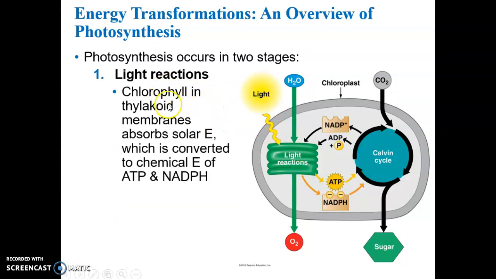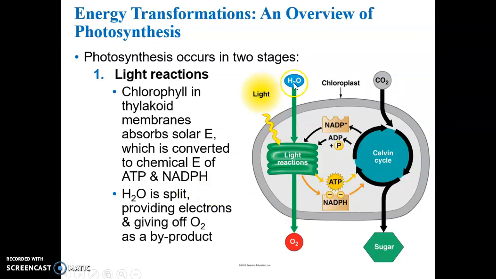So the chlorophylls, the light harnessing pigments, molecules in the thylakoid membranes, absorb sunlight energy. And that energy is converted to the chemical energy in ATP and electron carriers. Right? High energy electrons there, and then the high energy molecule in ATP.